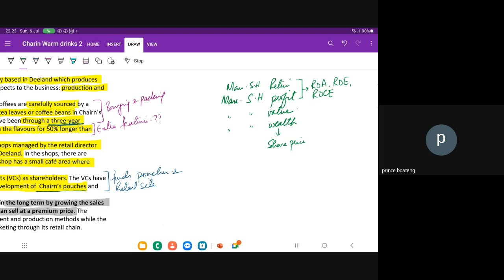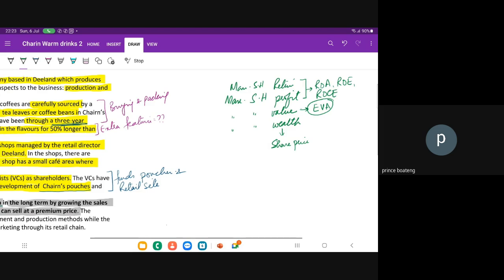Because a shareholder can sell their share and get the money. If they want you to maximize shareholder value, this is something we do by using economic value added. I'm not sure if you have studied that, but it is in the syllabus, in the later phases. So economic value added is something we can also use, right?